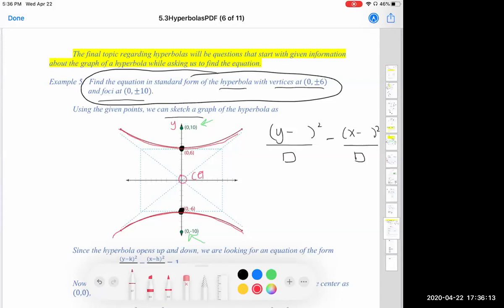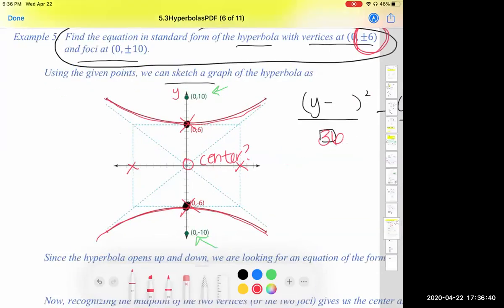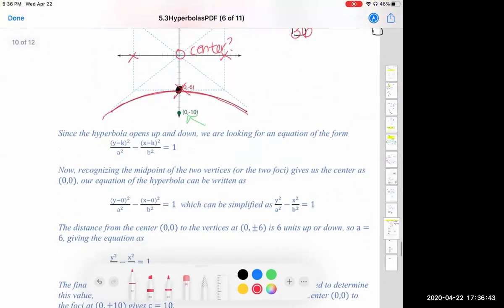I also need to find these endpoints. I know what my up and down endpoints are because they came from our vertices. So because I'm adding plus or minus 6, 6 squared, I know I'm going to have a 36 underneath my y, right? And for your x's, we need to do a bit more work.